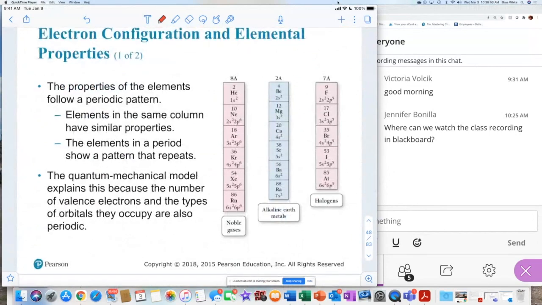But in the periodic table, you want to know some categories of elements because we tend to refer to them a lot. Noble gas elements, these are group A. We tend to refer to them a lot when it comes to, how should I say, the picture of stability. Okay?